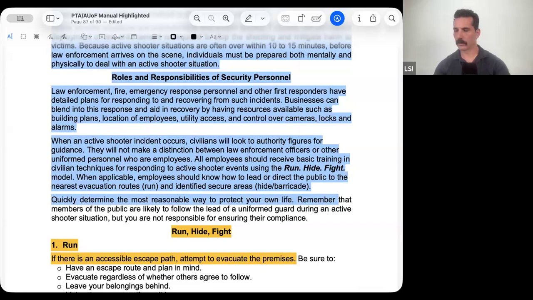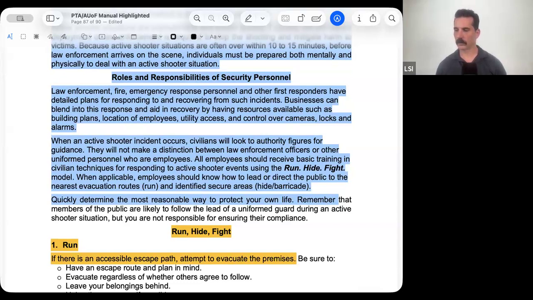When an active shooter incident occurs, civilians will look to authority figures for guidance. They will not make a distinction between law enforcement officers or other uniformed personnel who are employees. All employees should receive basic training in civilian techniques for responding to active shooter events using the run, hide, fight model.